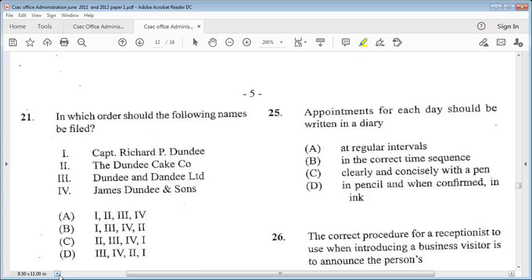Our answer would be C, 2, 3, 4, 1. C would be our answer. So we'll have the Dundee Cake Company first, then we have Dundee and Dandy Limited, then we have James Dundee and Sons, then we have Captain Richard P. Dundee. So that would be your answer.